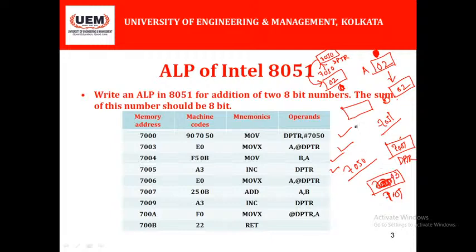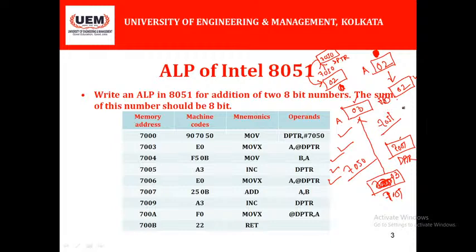Now with the help of this statement, MOVX A, @DPTR, we are transmitting this value to the A register. Now the value of A register is 03, value of B register is 02.